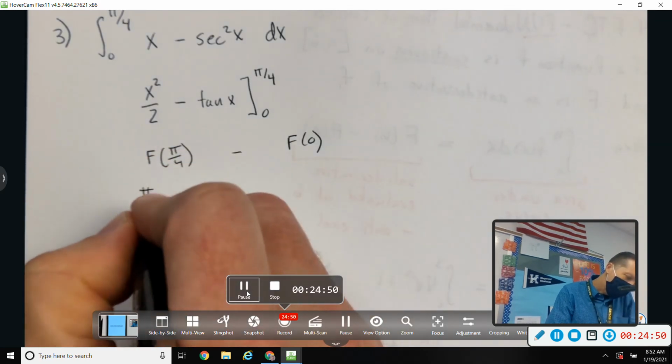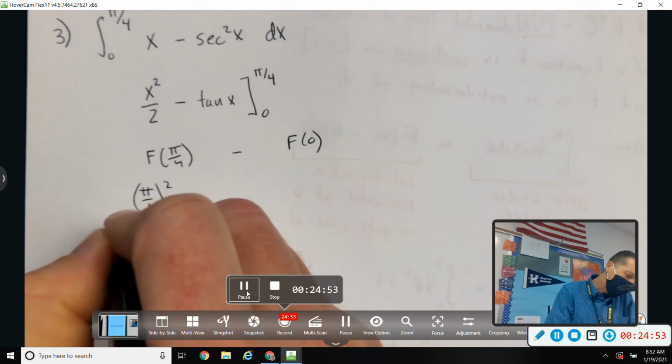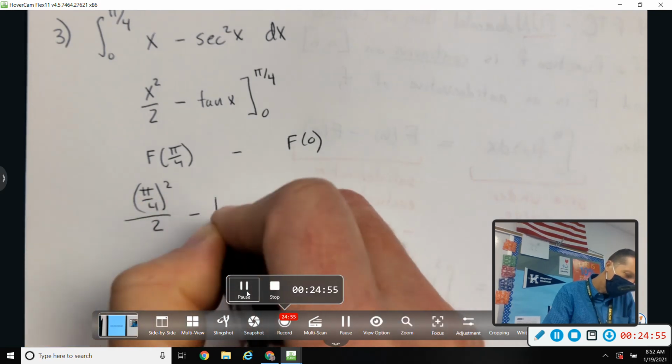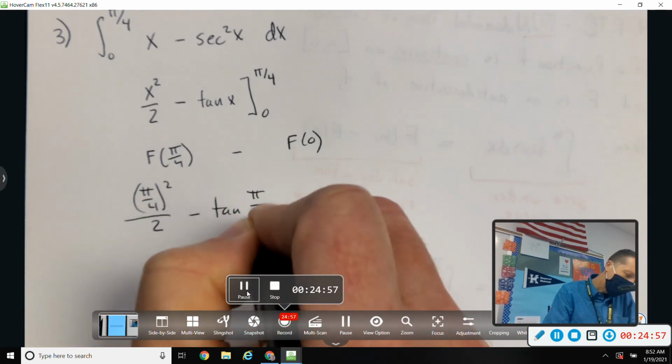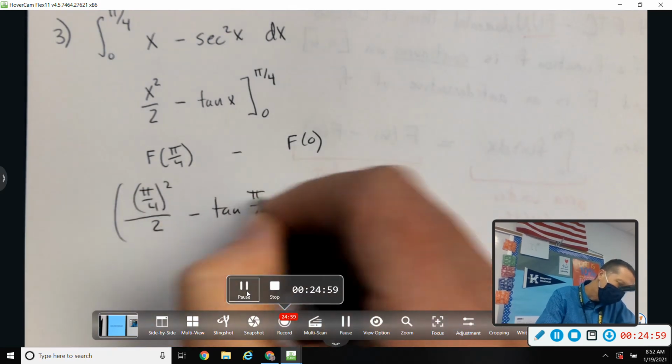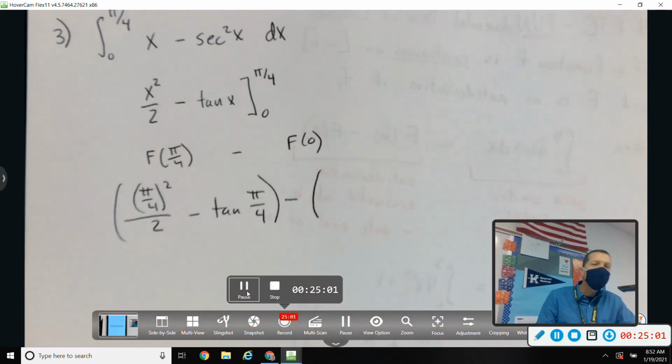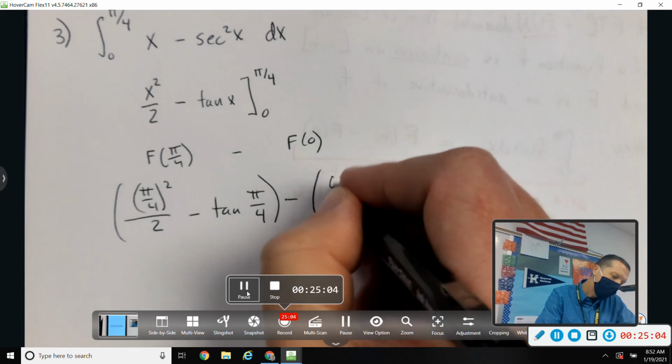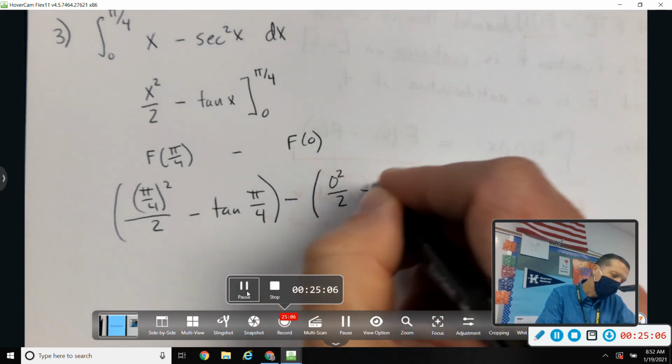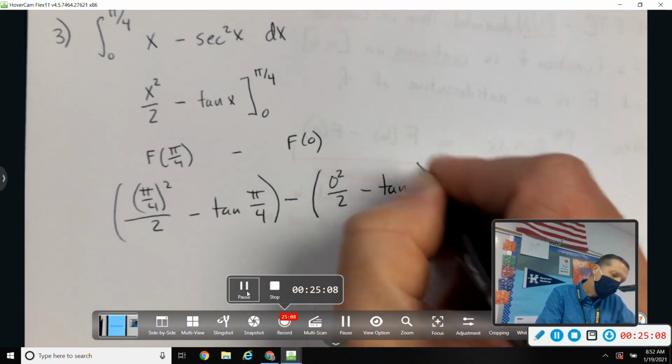So pi over 4 squared over 2 minus tangent of pi over 4, minus 0 squared over 2, minus tangent of 0.